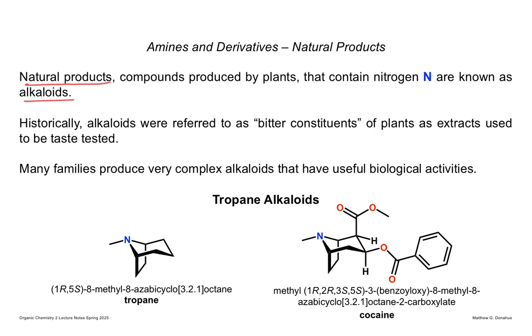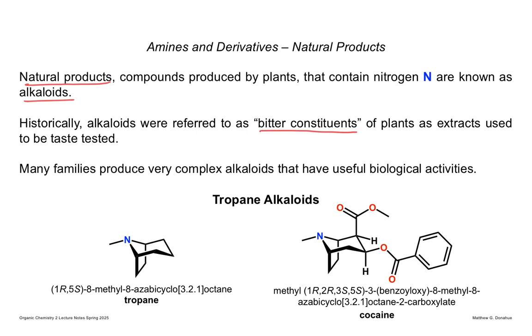People would taste the leaf of a plant and say, this is bitter. It became known that if you tasted something bitter, there was probably some nitrogen compound in there. A lot of these old-timey papers will say, bitter constituents of this maple tree or something.